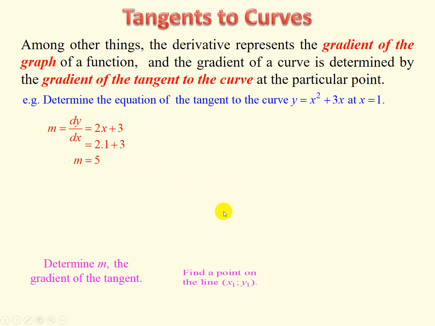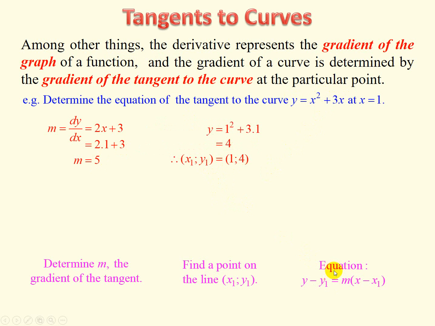Now we need to find a point on the line, x1, y1. Now that point can only come from where we know x is equal to 1. So we now substitute 1 into the original equation. So it was 1 into the derivative to give the gradient, 1 into the original equation to give a point. And there we are. So therefore we have (1, 4) as x1, y1.